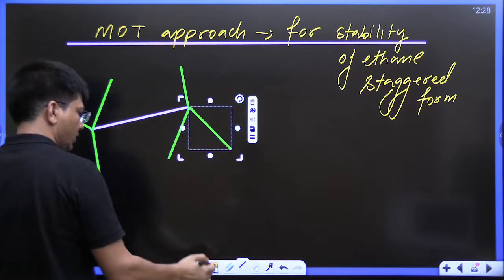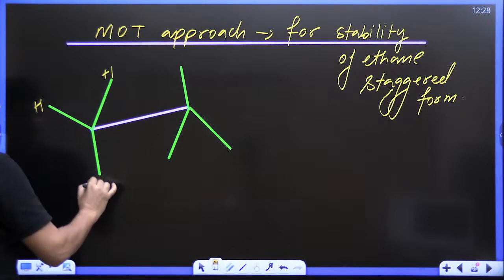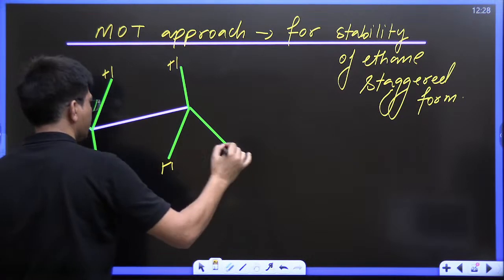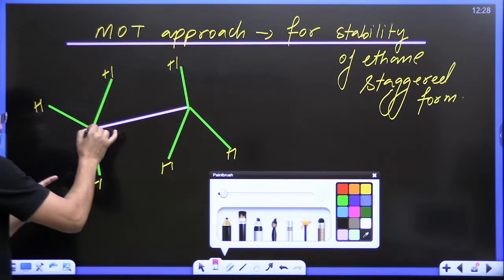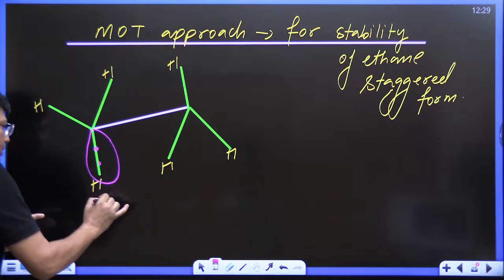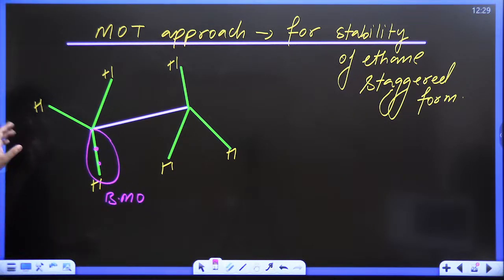Can you see everyone? Do let me know. This hydrogen, this hydrogen, this hydrogen, this hydrogen, this hydrogen, this hydrogen. Just try to understand kids. If I say this is the bonding molecular orbital, BMO, can you understand? BMO, bonding molecular orbital.